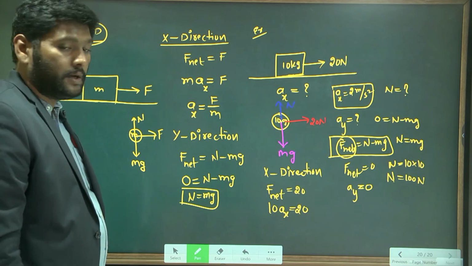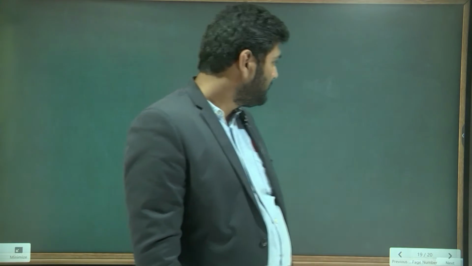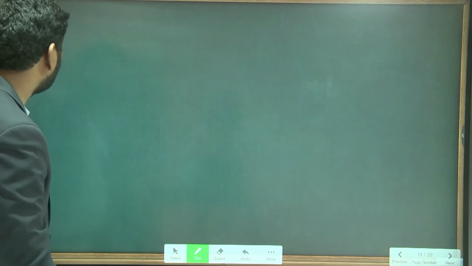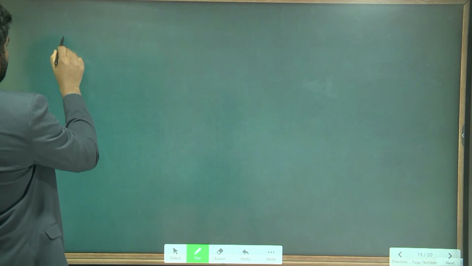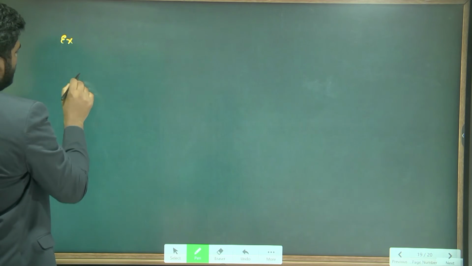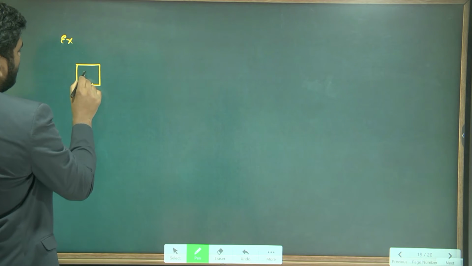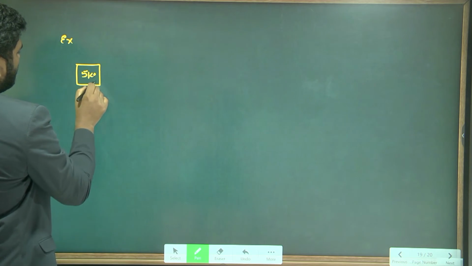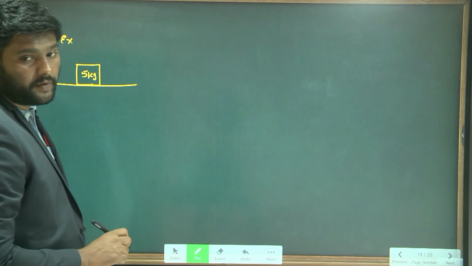Can I ask one more question? Yes, sir. One more question I'll give, a similar kind. One more example. This is an object of 5 kg on a smooth surface.